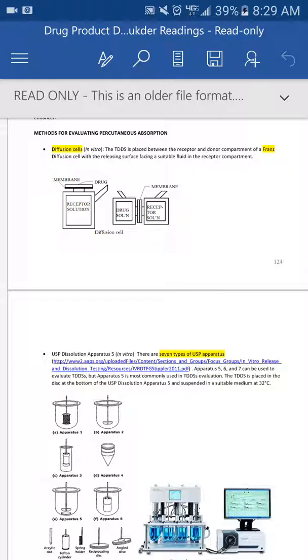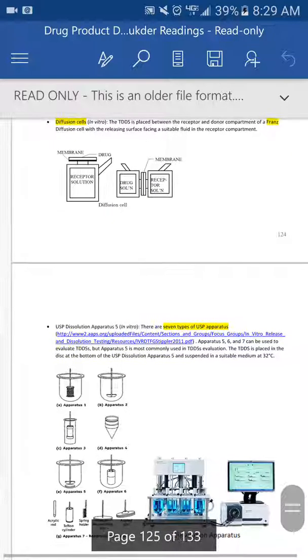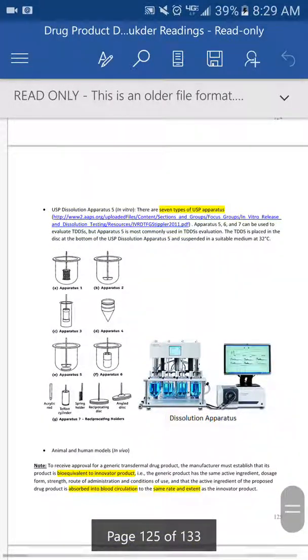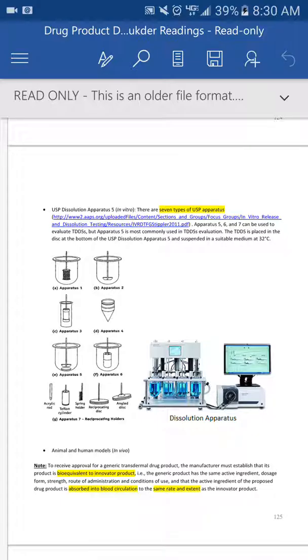Diffusion cells can help you evaluate percutaneous absorption. You just have a fake membrane. Just fake diffusion cells. Here we go. Here's where we start getting into the nitty-gritty of what he's going to ask. So, there's 7 types of USP apparatus. Okay?